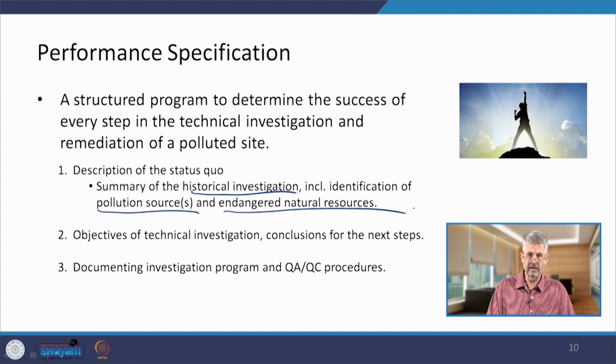QA/QC procedures are essential because they hold up the standard which we agree to apply and which everybody involved in the project has to be aware of. And when these quality assurance and quality control procedures are followed, then the success of the project is very likely. Otherwise, it can lead to failure, as I mentioned earlier.